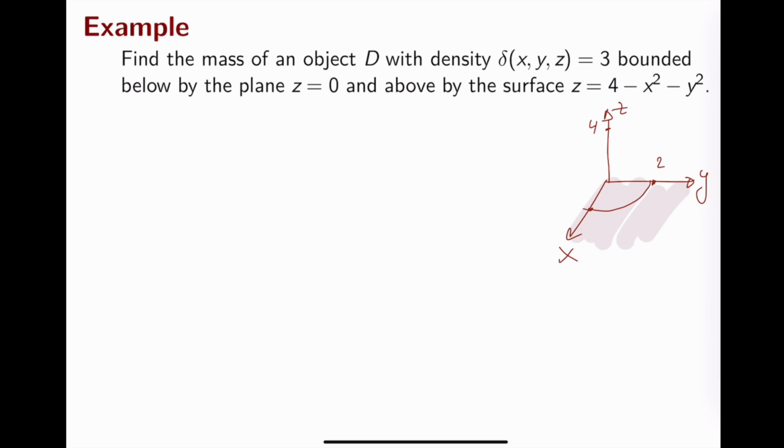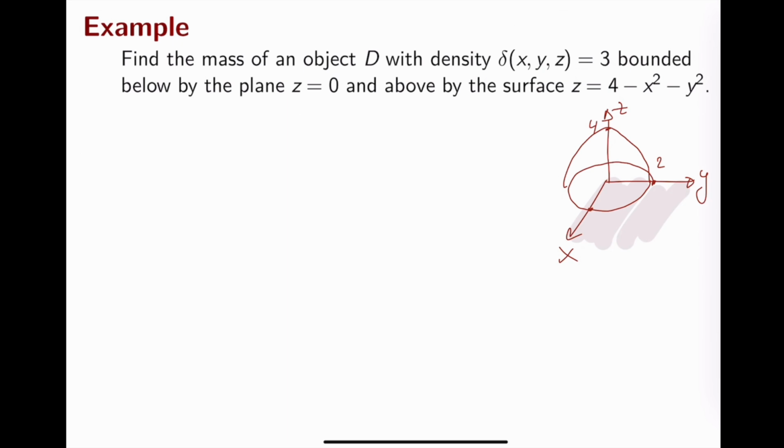We have a circle here, and so our surface is something like this. So the space inside of this surface, under the surface and above the ground, is the object whose density is equal to 3 at each point of it.